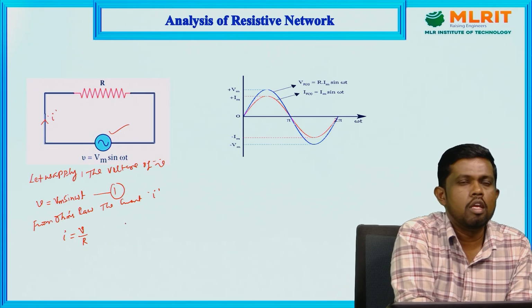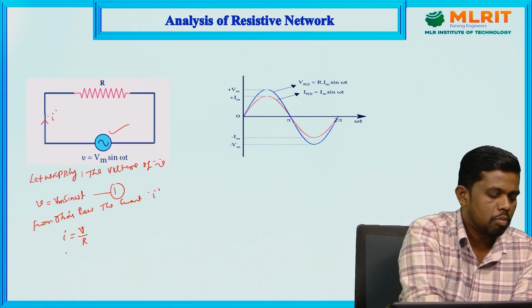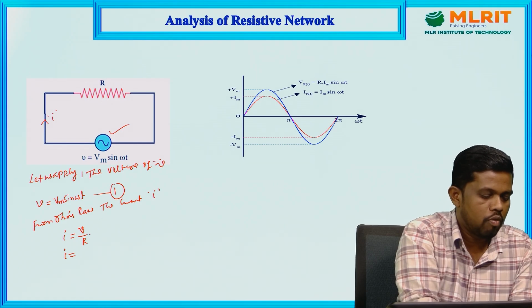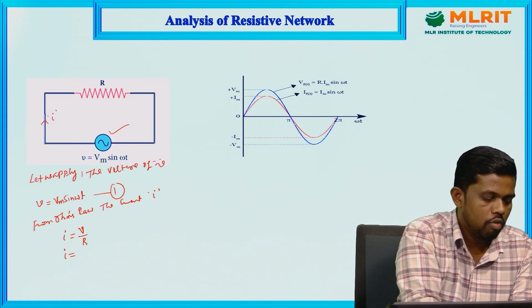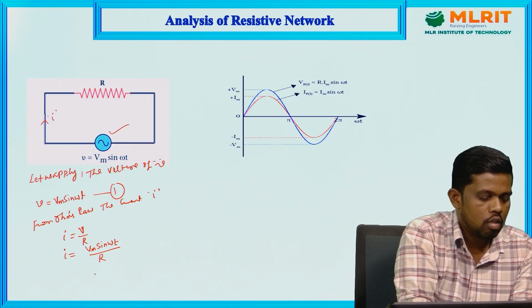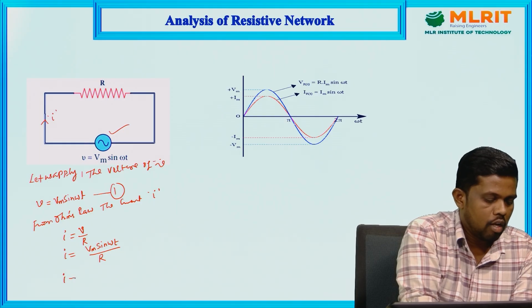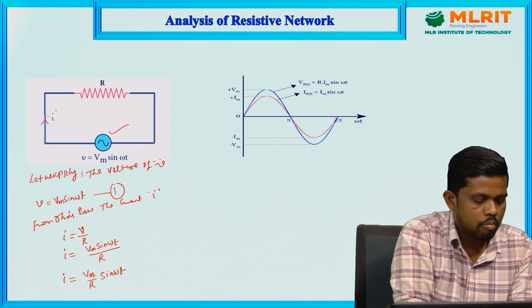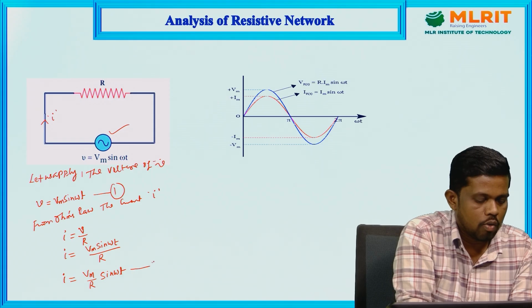So i equal to v by R. Substituting the value of v from equation number 1, Vm sin omega t upon R. Finally, i equal to Vm upon R into sin omega t. This is equation number 2.